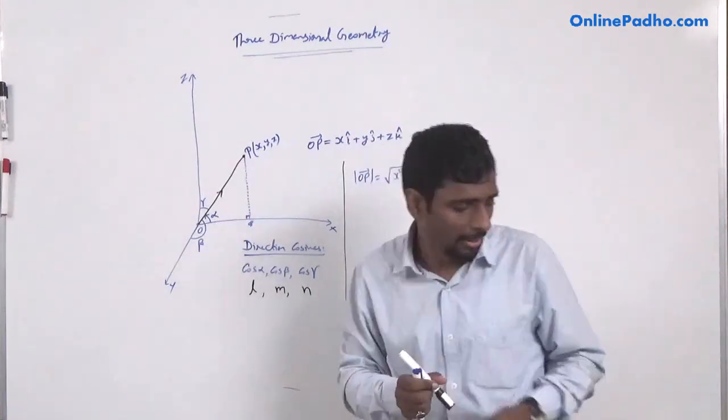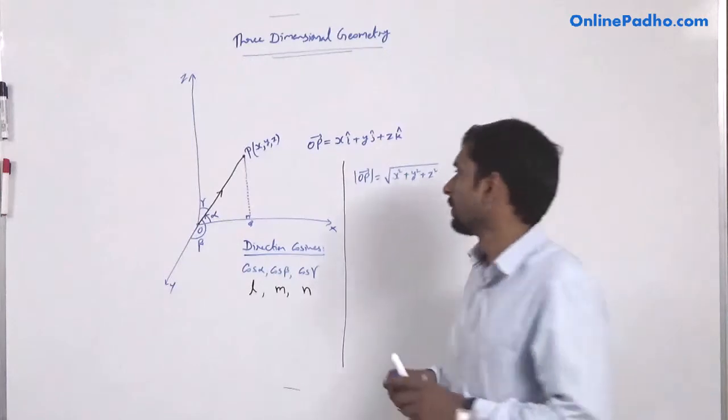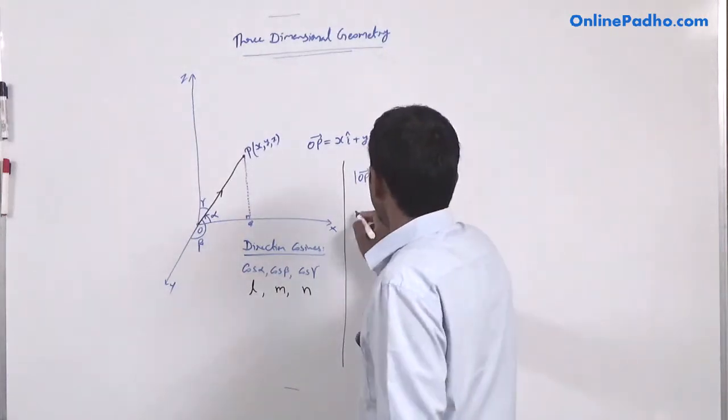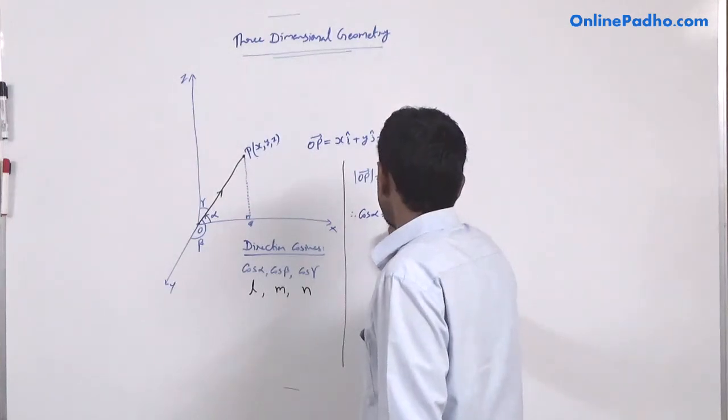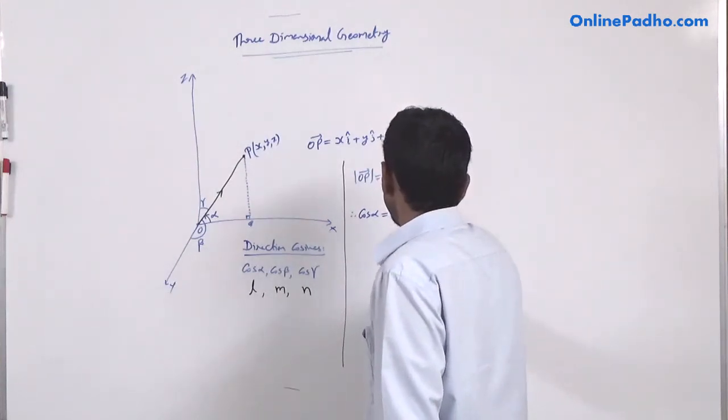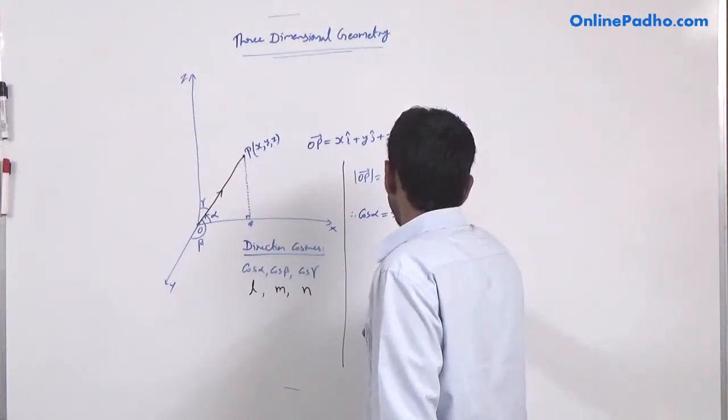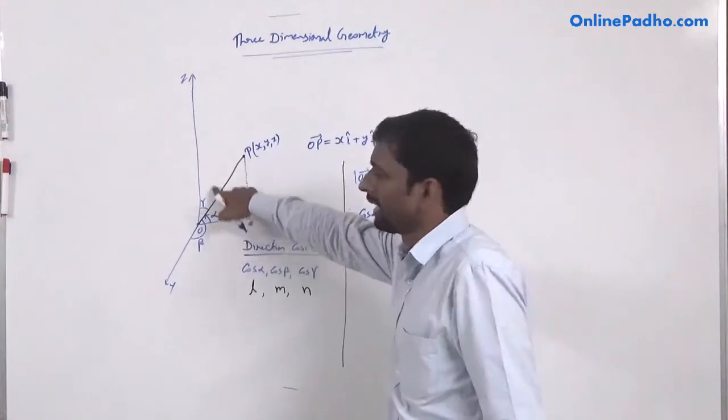So therefore cos alpha can be written as plus minus x divided by square root of x square plus y square plus z square, base by hypotenuse.